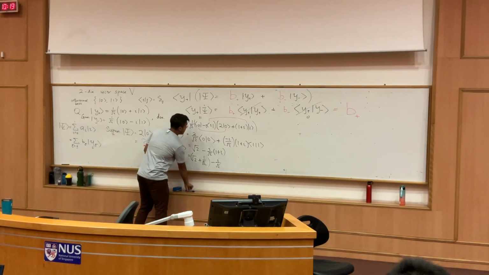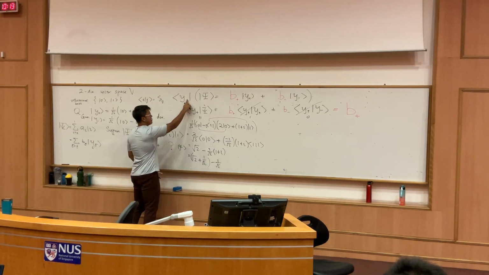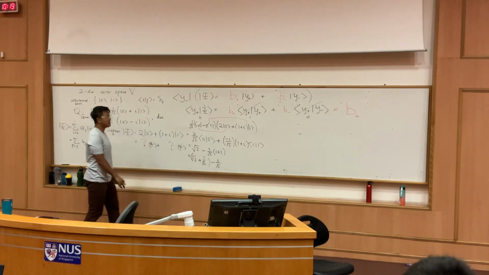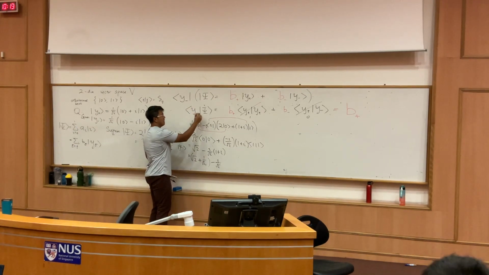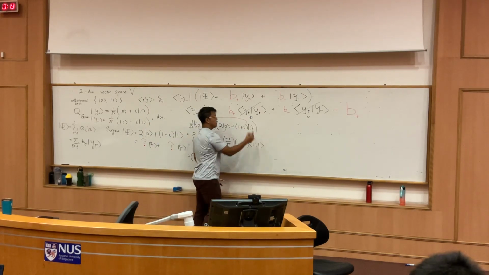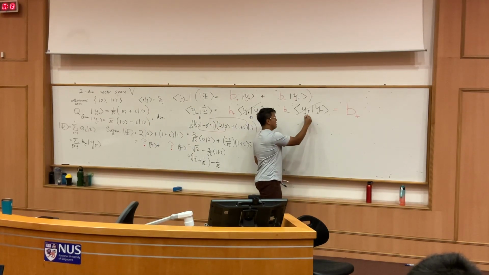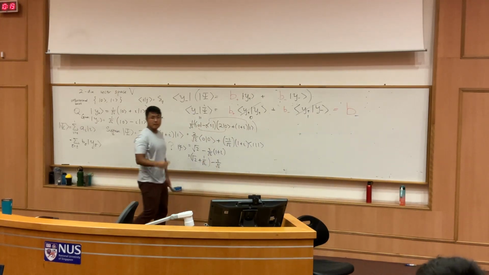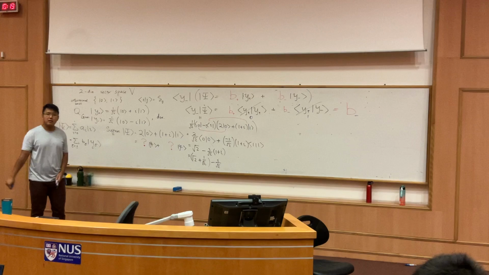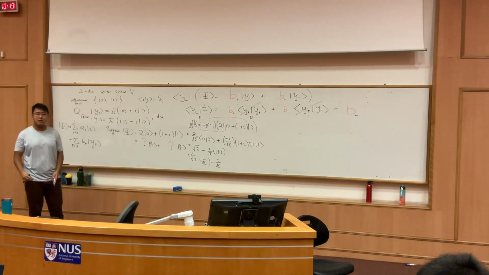Well, obviously, we sandwich it with y minus on this side. That becomes 0, and that becomes 1, and that becomes minus. And so that allows us to extract the weight along that direction.